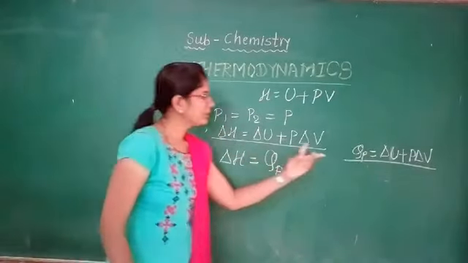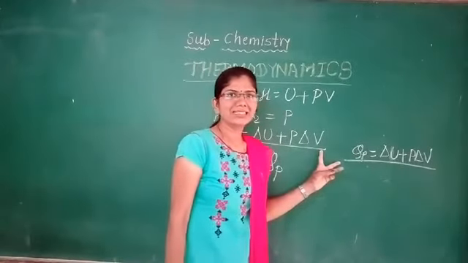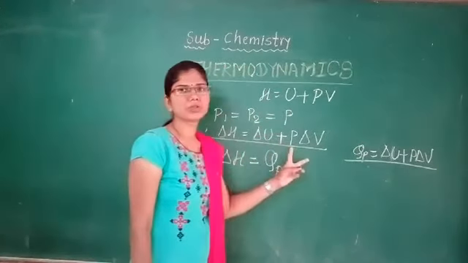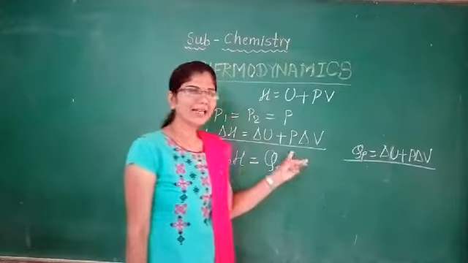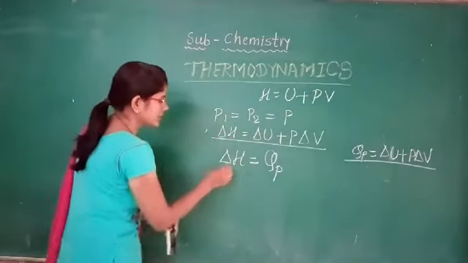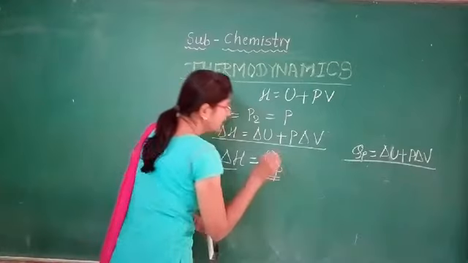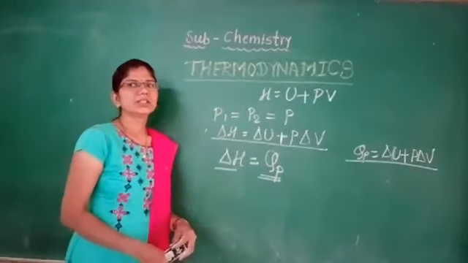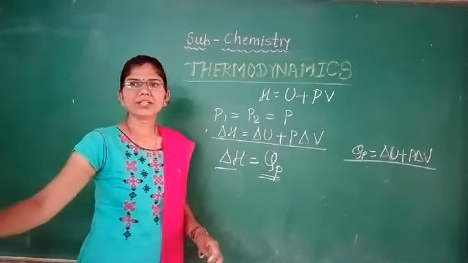Because the right hand sides of both equations are equal, the left hand sides are also equal. That means the change in enthalpy is equal to the heat content of the system.